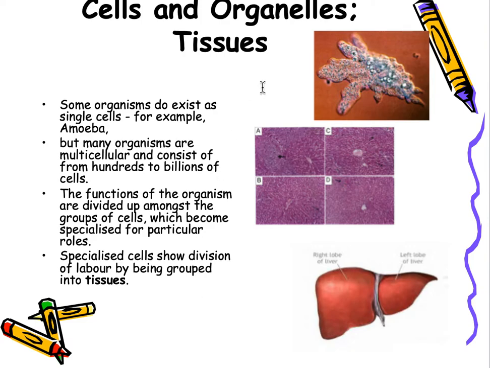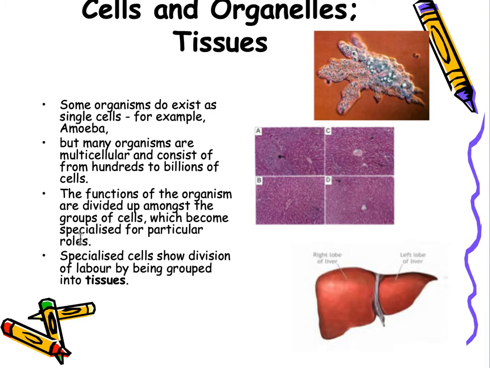Alright, some organisms do exist as single cells. Some organisms, like bacteria, are made of just one cell. So the cell membrane separates the cell from the outside environment, but multicellular organisms have a number of cells. So the cell membrane separates the cell from the surrounding cells, not the surrounding environment.